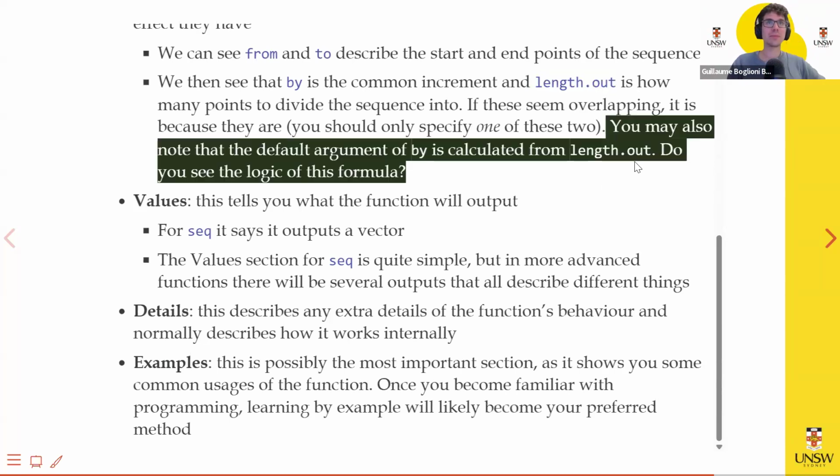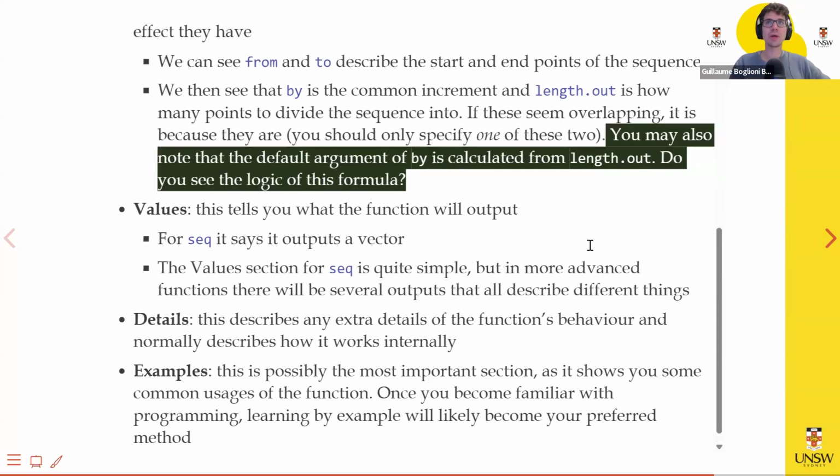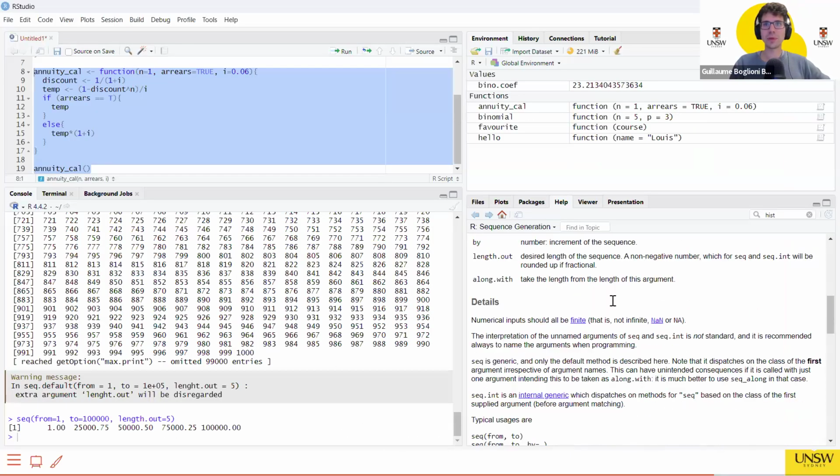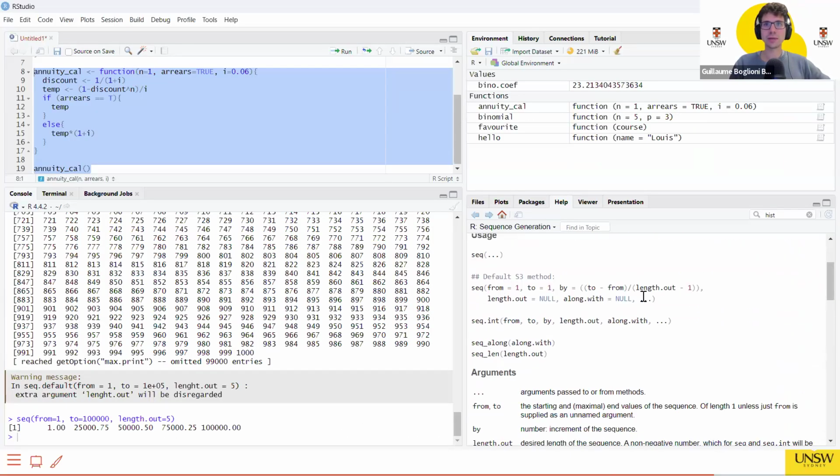You may also know that the default argument of by is calculated from length.out. You can see this again in the help. If you check, by is in fact a function of length.out, meaning that when length.out is specified, by needs to automatically be set accordingly. Otherwise, it doesn't make sense, right?